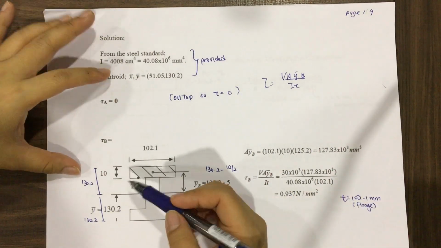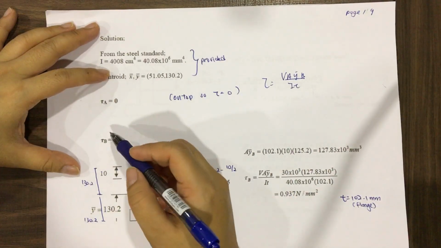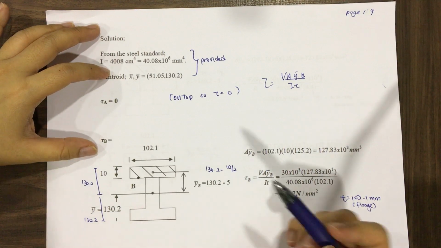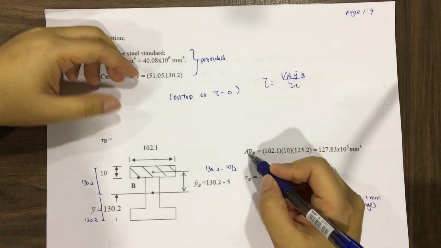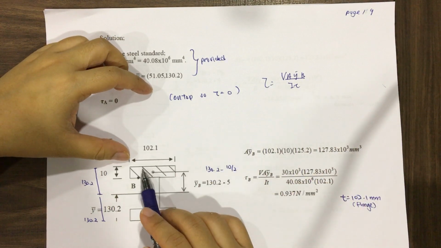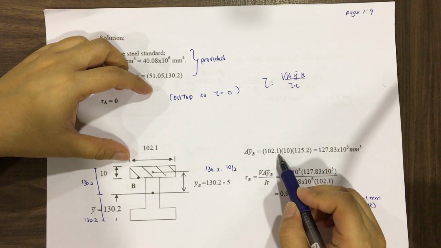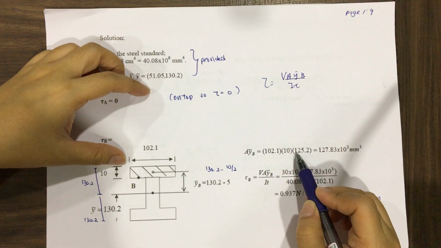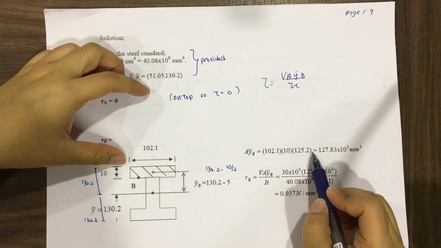And then the bottom part, tau B, is the point for B. You can see the value here is A times YB. So A here is 102.1 times 10, the area at the location of Y, which is 125.2.